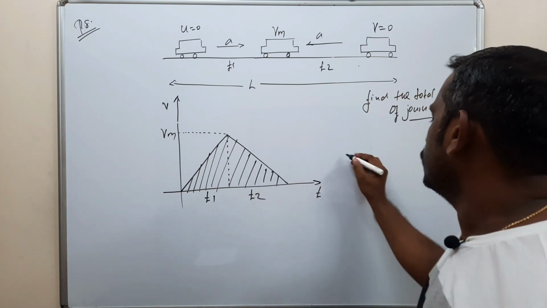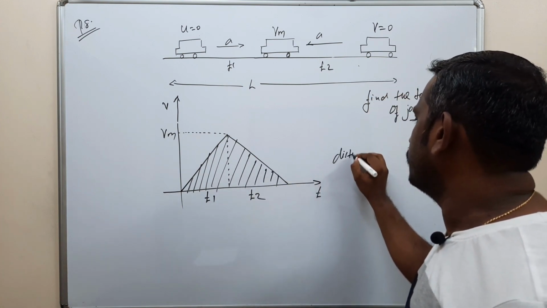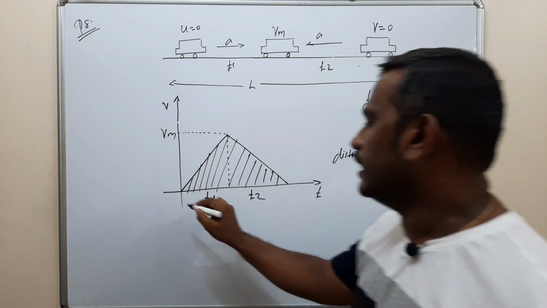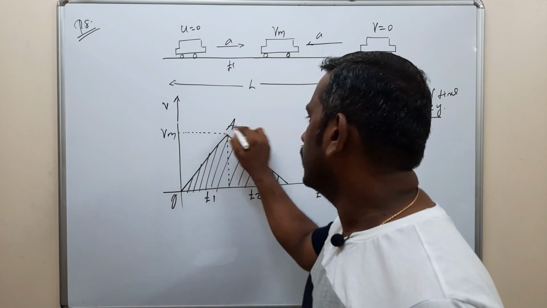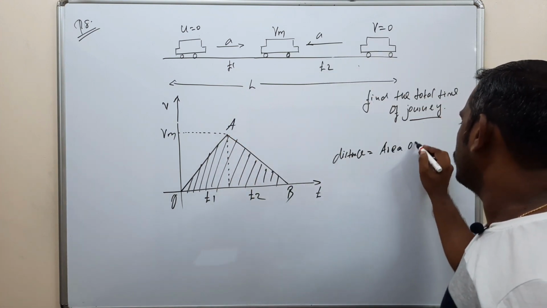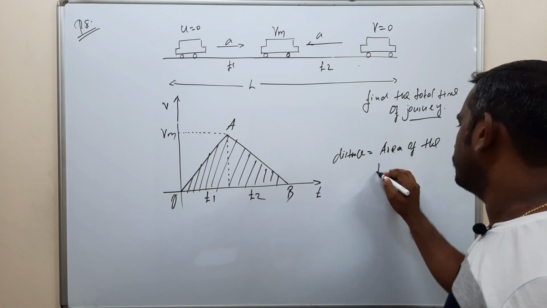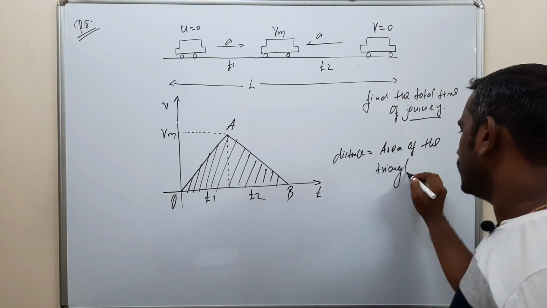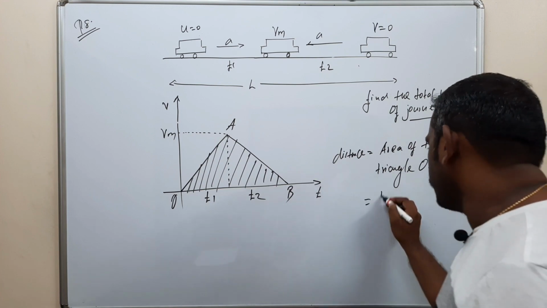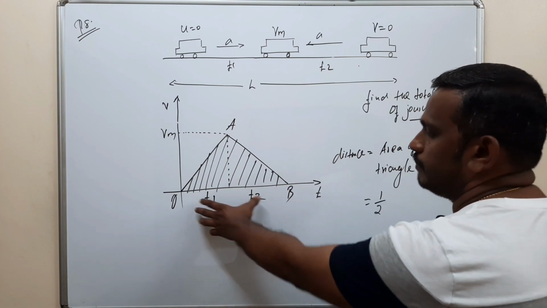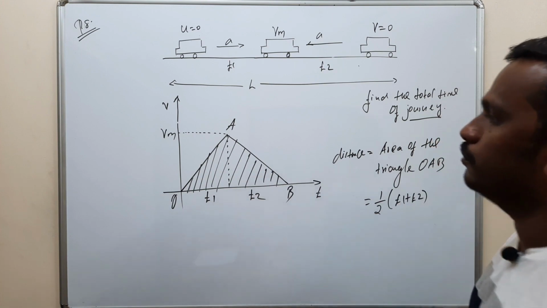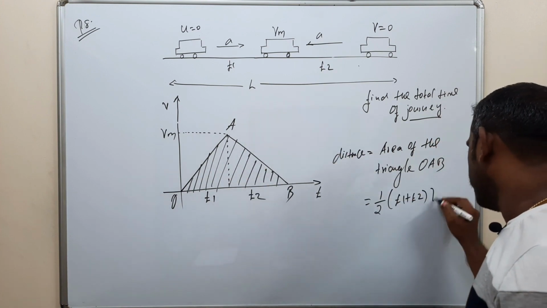So the distance traveled by the car is equal to the area of the triangle OAB. That's equal to half into base, that is t1 plus t2, into height, that is Vm.